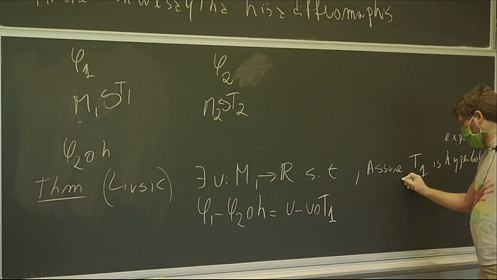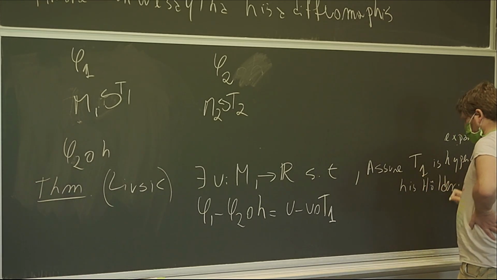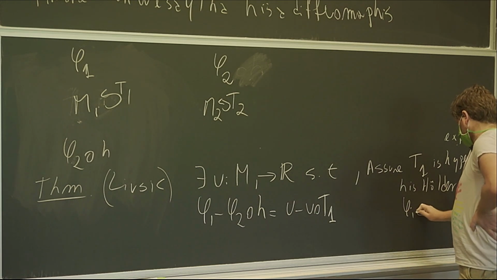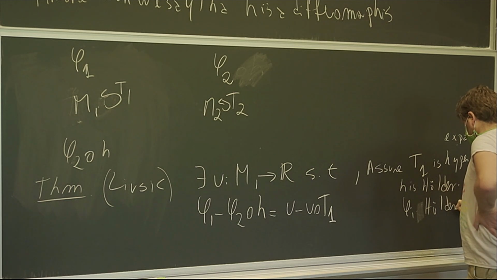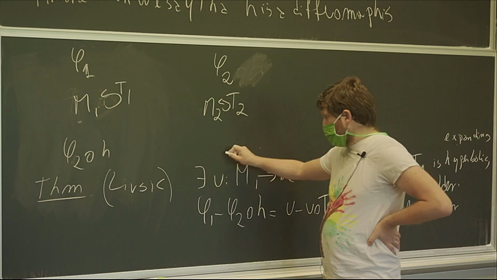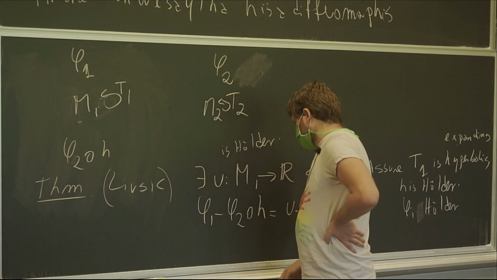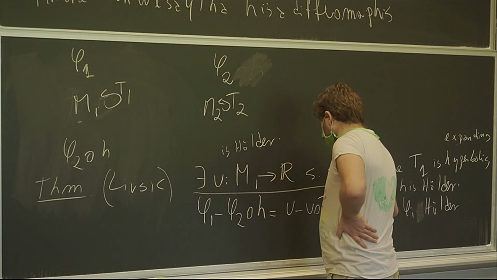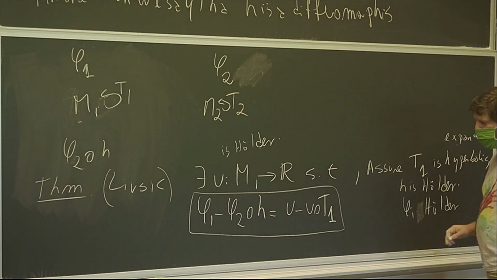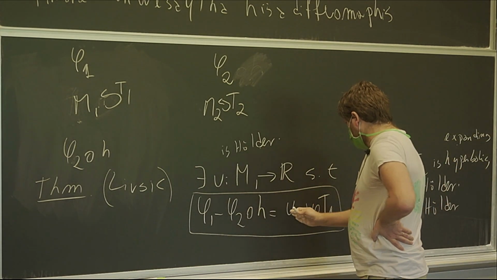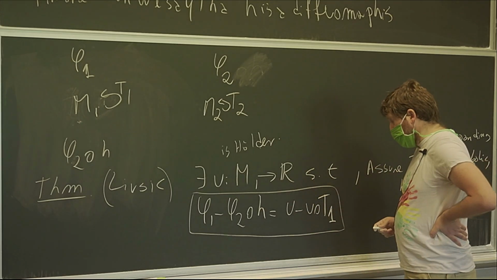And I need to assume H is Hölder, which in general is automatic, and the phi i's also Hölder. And then U is Hölder. So this you can think of as your assumption. So these two potentials coincide up to what is a coboundary, which will vanish when you compute along periodic orbits.